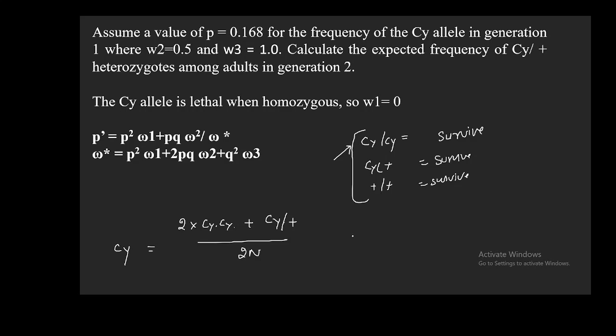If you want to calculate the frequency of allele plus, you can calculate it in the same way, 2 into plus/plus plus CY/plus, divided by 2n, because in this case the CY allele, if it is not lethal, is going to survive. In that case the frequency of the CY allele and the plus allele is going to be different. So that's how you can solve the equation.